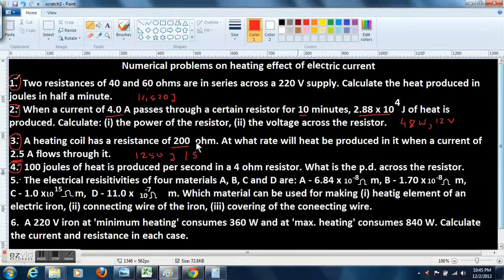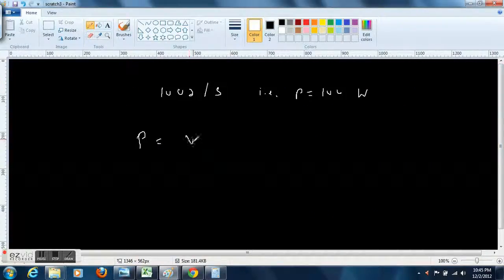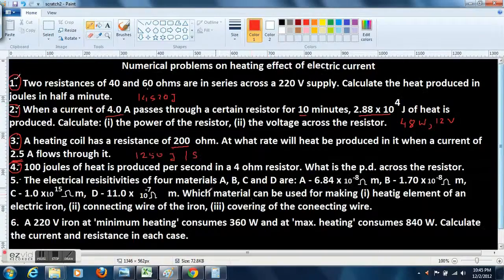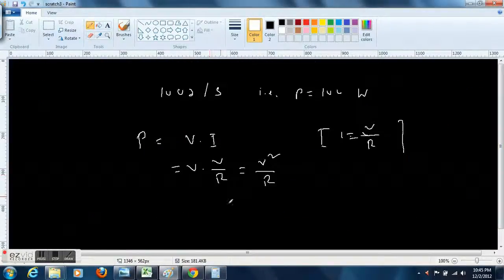So that means value of P is 100. Now formula that we will be using is P equal to V into I. Again we know that I equal to V upon R from the Ohm's law. That means P equal to V into I. In place of I we will replace V upon R. Therefore P equal to V into V upon R equal to V square upon R.